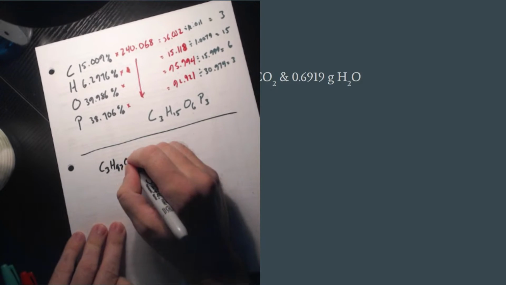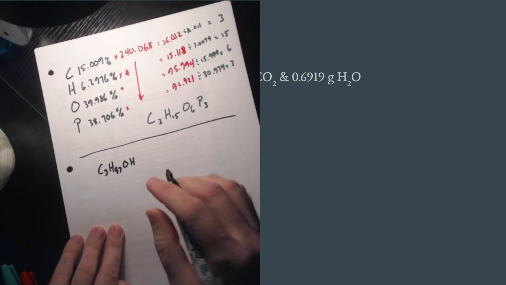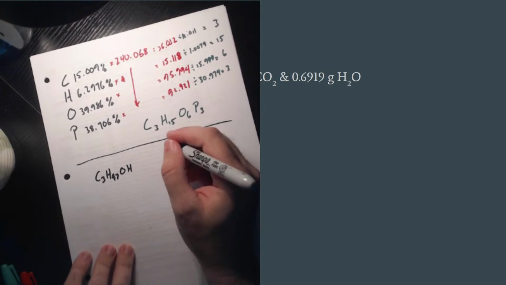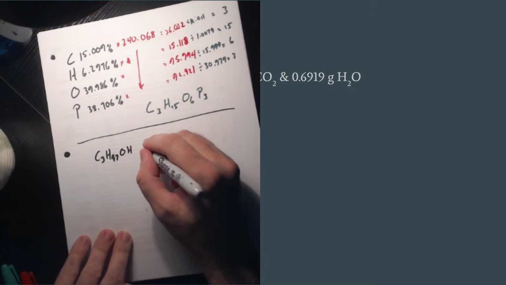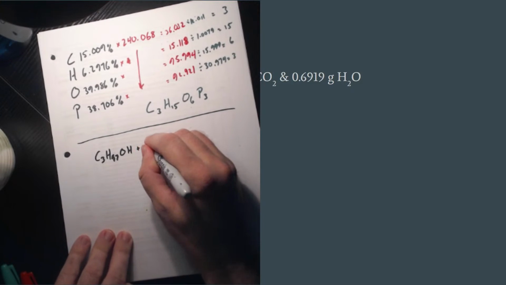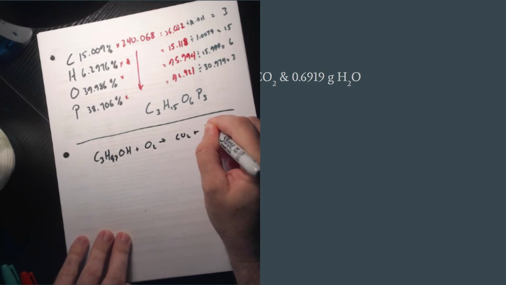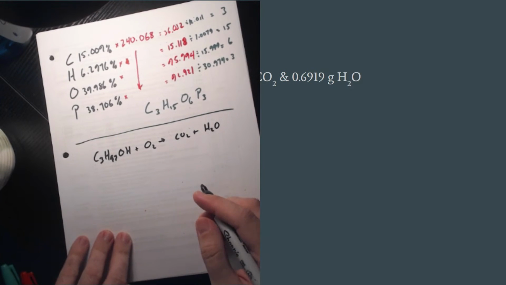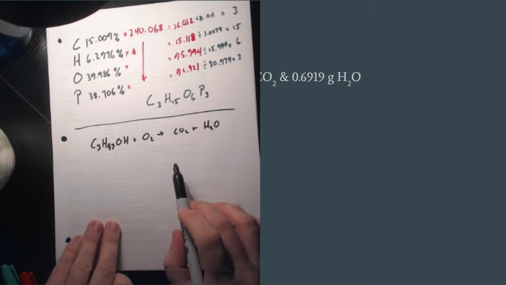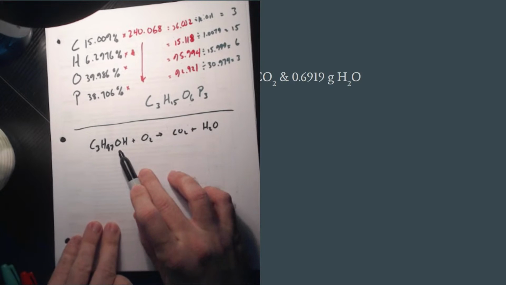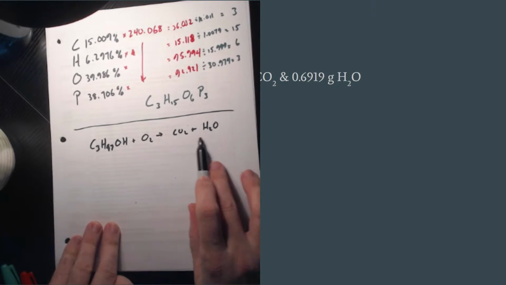C3H7OH. So this is propanol, rubbing alcohol, plus oxygen yields CO2 and H2O. So even though there's oxygen in our original compound, we don't really see it as a separate thing over here.